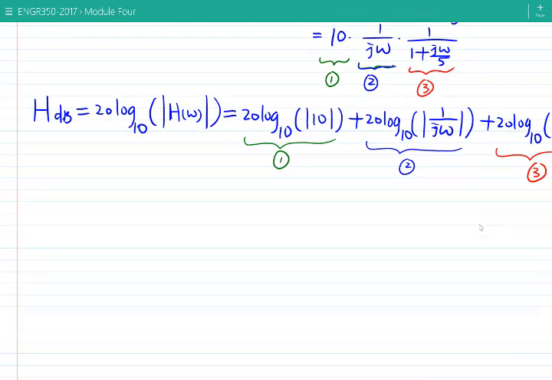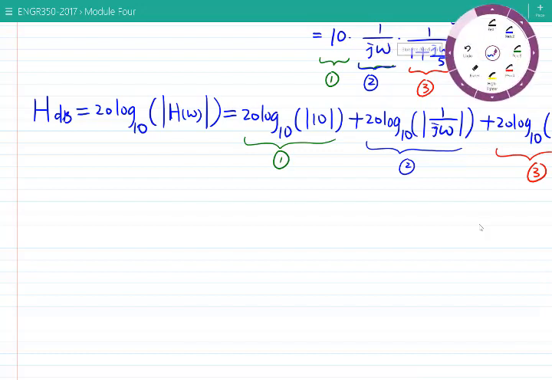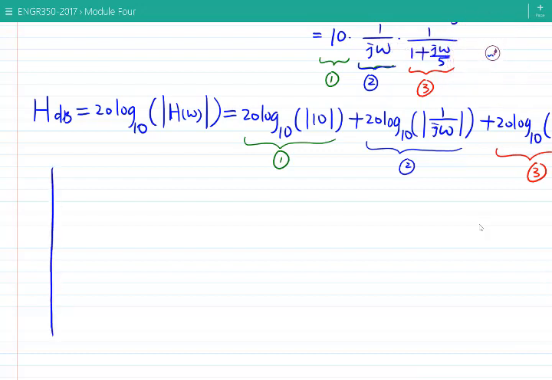Okay, so for factor number 1, it is constant, so it is 20 dB.